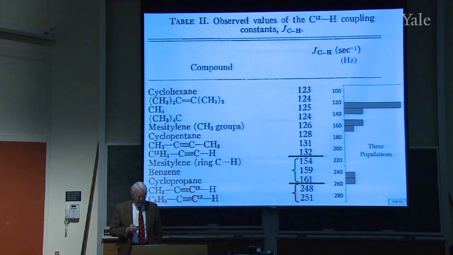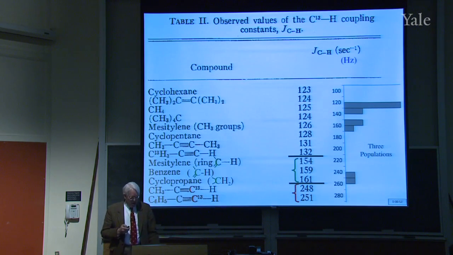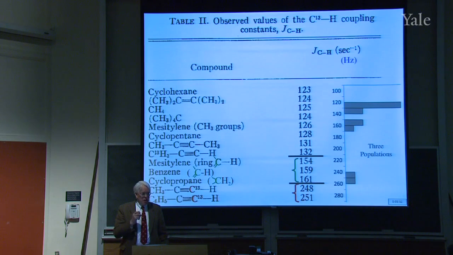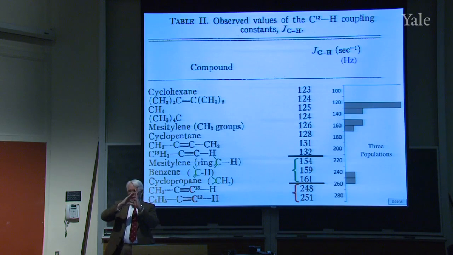The ones here, the green ones, right, are in aromatic systems, so they have sp2 hybridization, except for cyclopropane. Why would it have such a high coupling constant? Why would it have a lot of s character in the bond to hydrogen, the carbon that's in a cyclopropane?